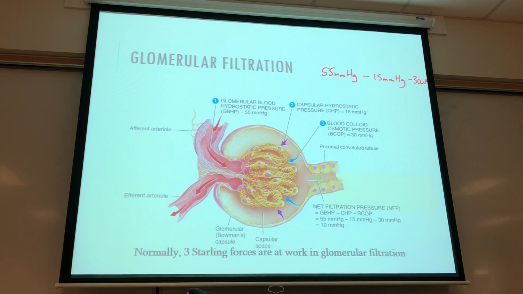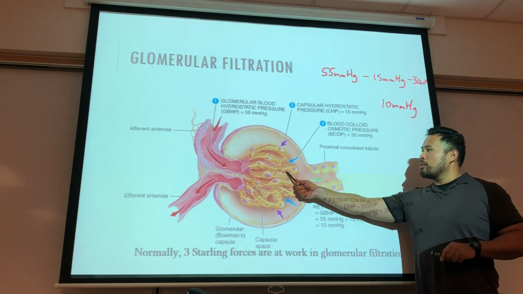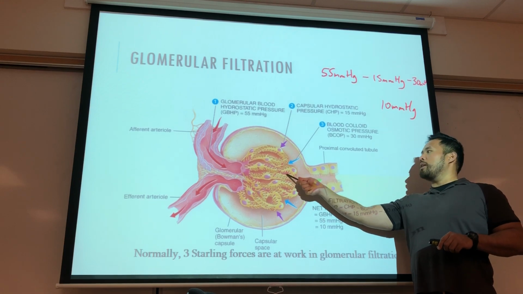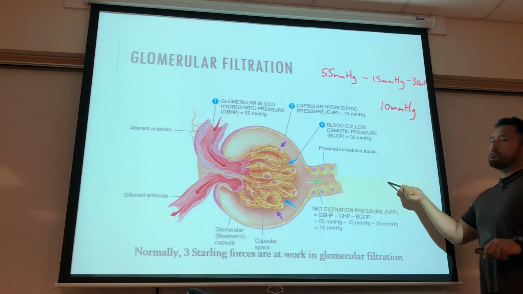So 55 minus 15 is 40. 40 minus 30 is 10 millimeters of mercury. And that is the net filtration pressure. That is the net pressure being exerted out to push filtrate or fluid out of the capillaries into the Bowman space to flow down into the proximal convoluted tubule.